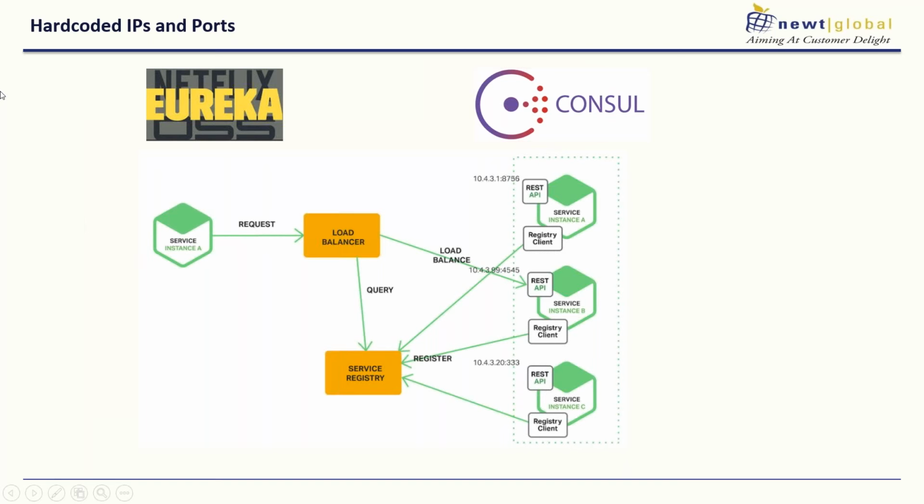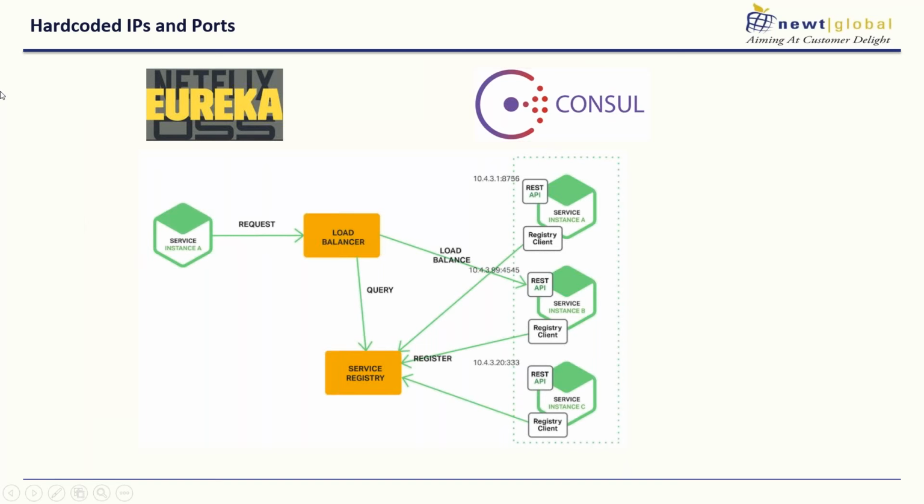All right. Now another pattern that we have seen while working with many applications is that there are a lot of hard-coded IPs and ports. It's better that we use a service registry like Consul or Netflix Eureka.